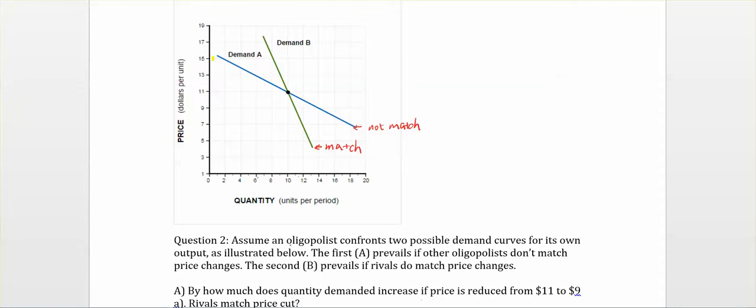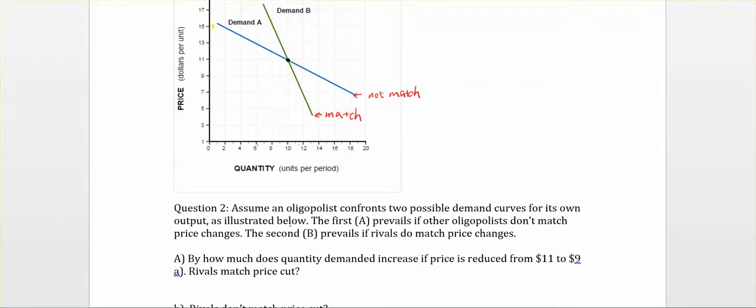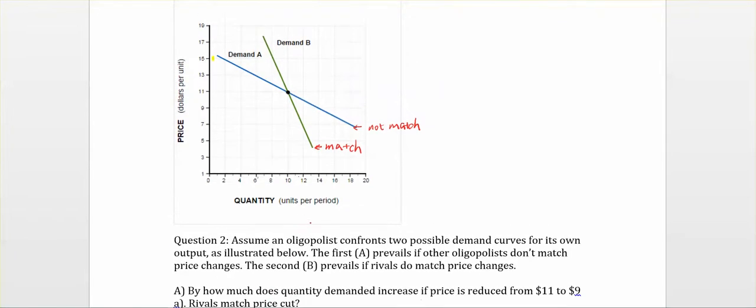Now let's look at the specific question. By how much does quantity demanded increase if price is reduced from $11 to $9 when the rival matches the price cut? First, let's look at the scenario when the rival matches the price cut. Since the rivals will match the price, we just look at the green curve.